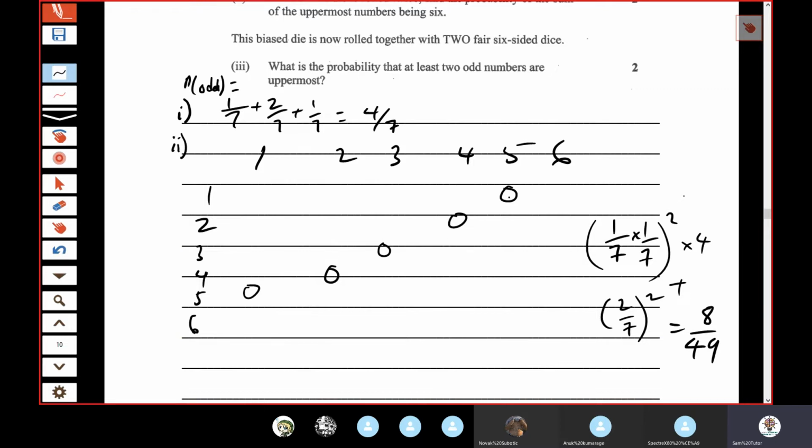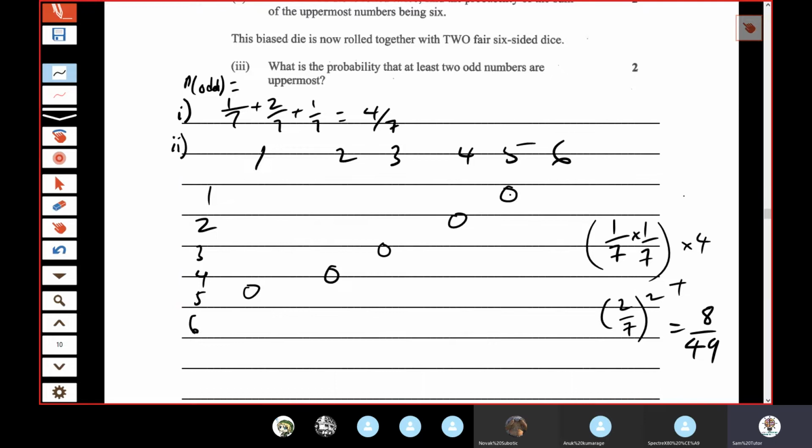This one is 1/7 times 1/7. Did I do that wrong? 1/7 times 1/7 times 4 plus 4/49. No, it's right. The squared was wrong. I don't know why I got the squared there.